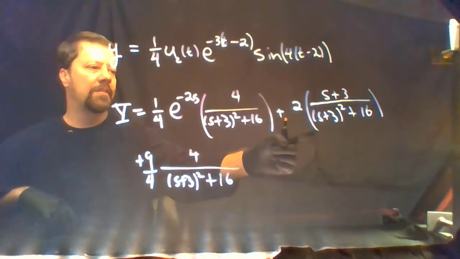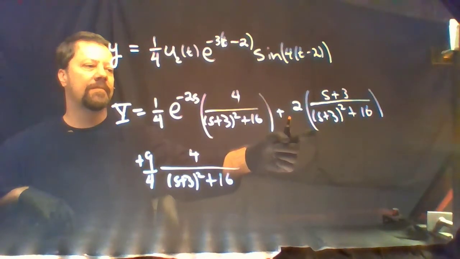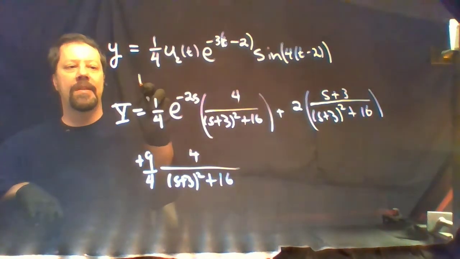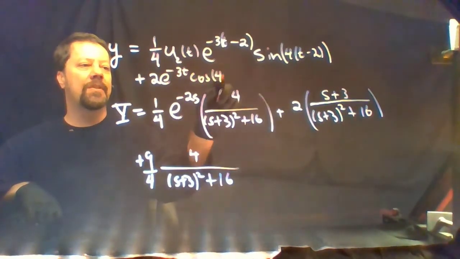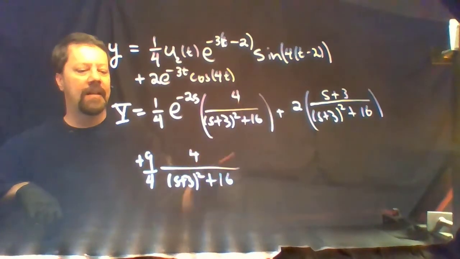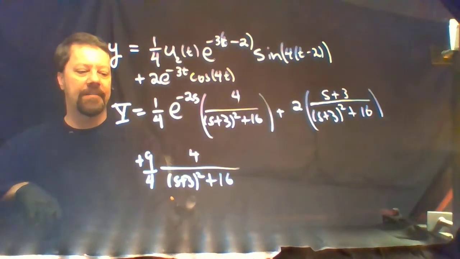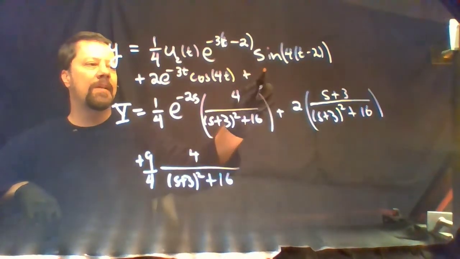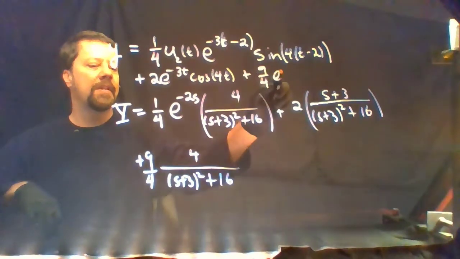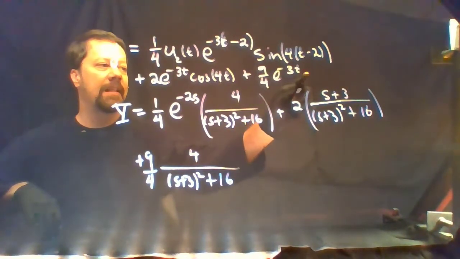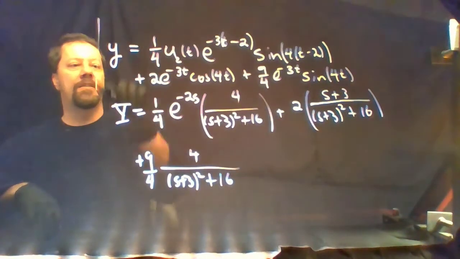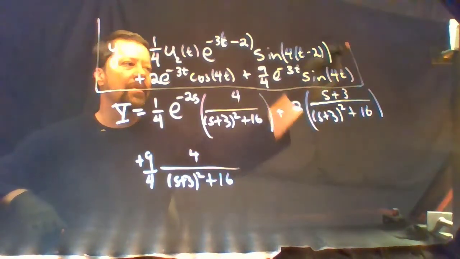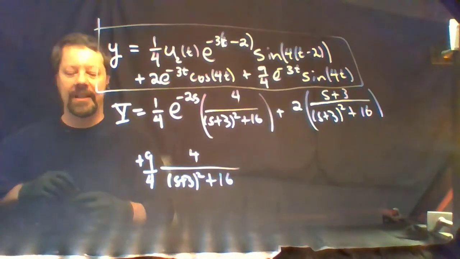The second term comes from a cosine. So that's going to be 2 times e to the minus 3t cosine of 4t. And the last term comes from a sine function. So that's plus 9/4 e to the minus 3t sine of 4t. And that is the solution to the initial value problem.